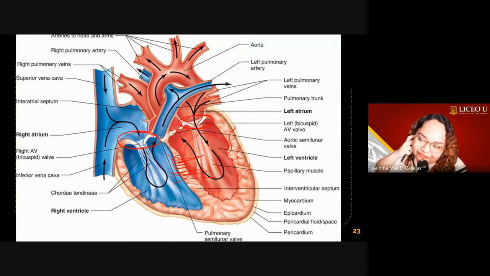So if dili siya mo close og tarong, maybe because of stenosis or congenital heart disease, dili mo properly flow ang blood. So when the blood doesn't properly flow, improper oxygenation of blood or low supply of oxygenated blood ang resulta. So yeah, that's how important your heart is.